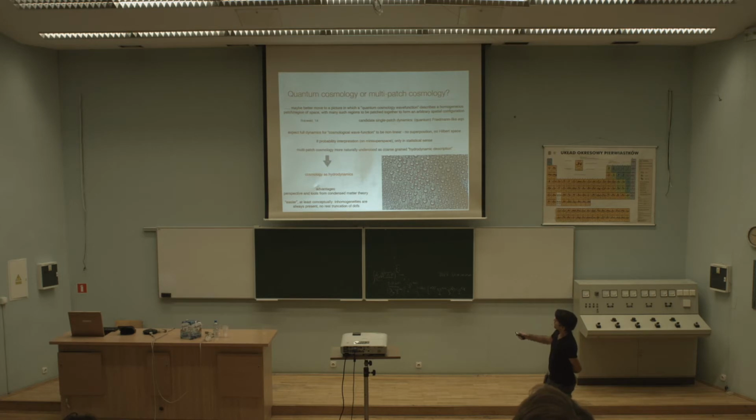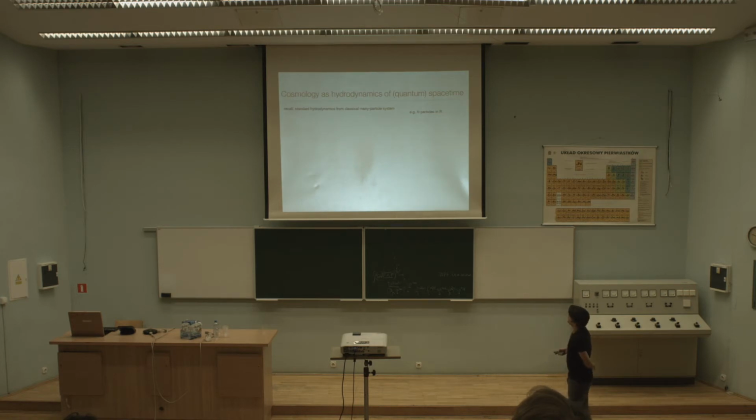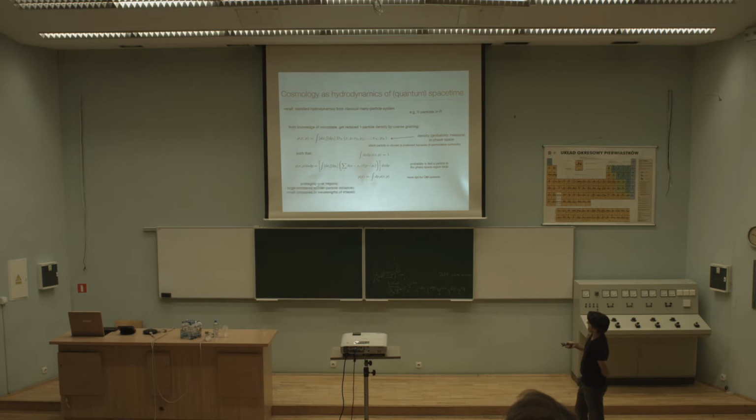So you're trying to reinterpret cosmology as hydrodynamics, and we are taking really the point of view that you would take in condensed matter as an analogy. So let me just say briefly what you would do in condensed matter. In condensed matter, you would go from the knowledge of the microstate to a coarse-grained description in terms of something like a one-particle density by coarse-graining. Let me just make one other remark.